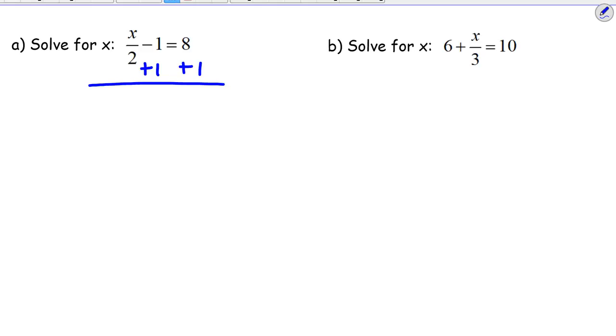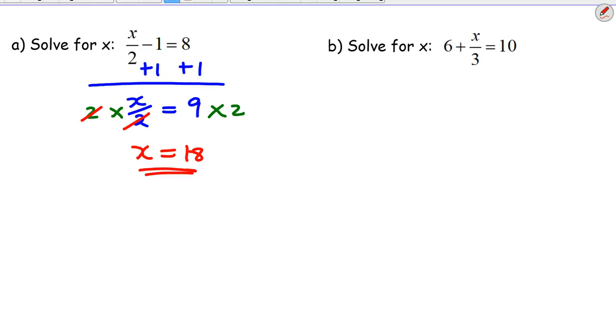So we'll have x over 2 is equal to 9. And the opposite of dividing by 2 is multiplying by 2. So x will be 18.